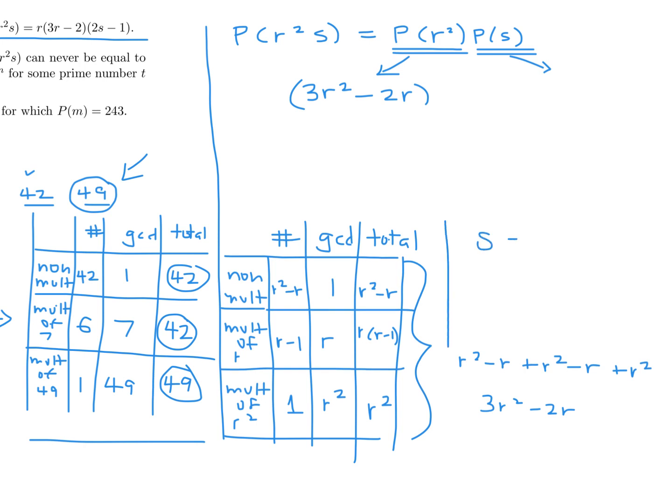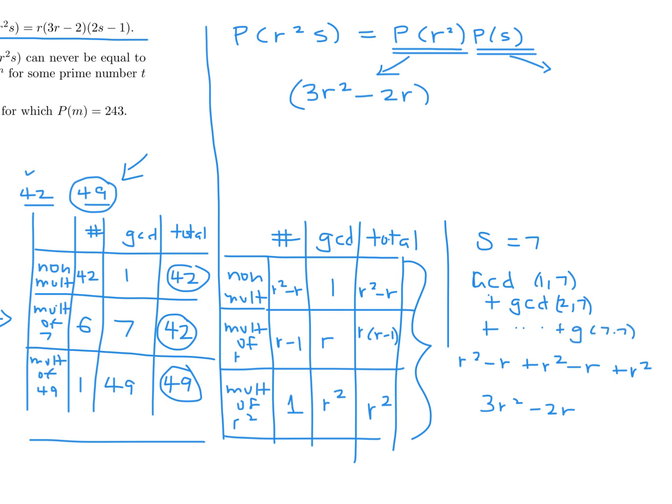So let's say S is 7. So it would be the GCD of 1, 7 plus the GCD of 2, 7, and then dot dot dot all the way to the GCD of 7, 7.